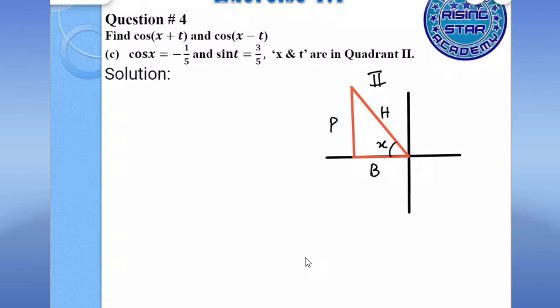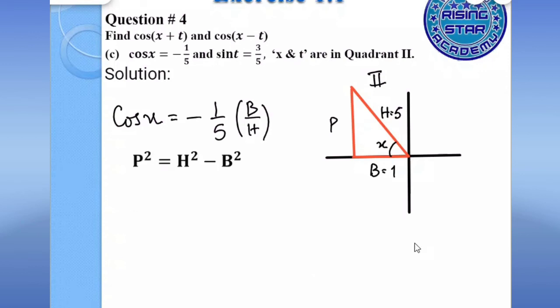Given to us is cos of x, so that is negative 1 over 5. So that is our base and that is our hypotenuse. So base value would be 1, hypotenuse value would be 5. We need to find the perpendicular value to find sine x. So I would use again the Pythagoras theorem to find the value of perpendicular.